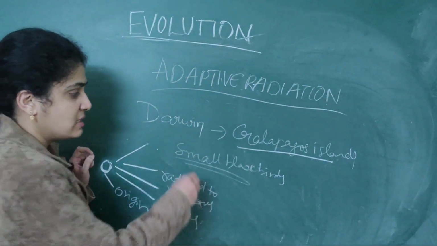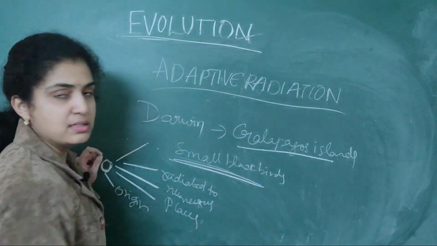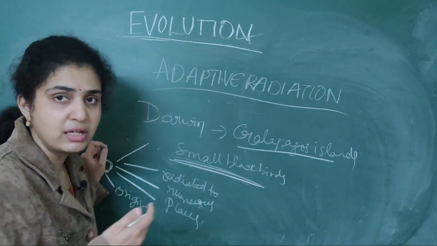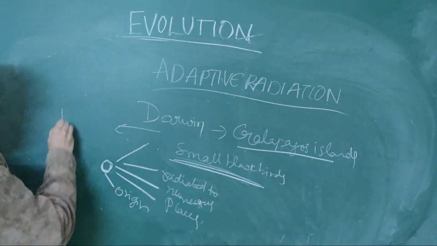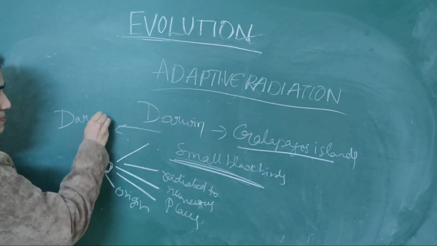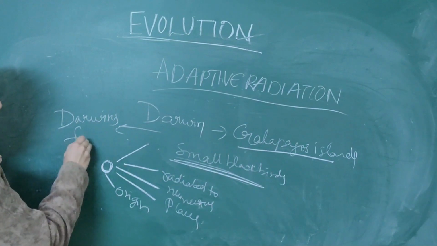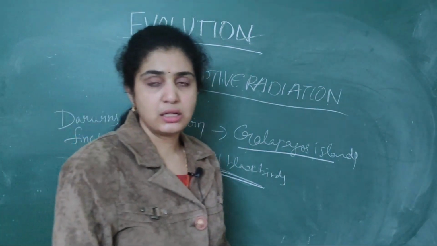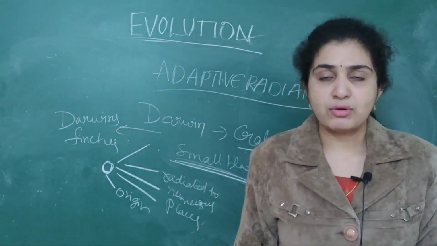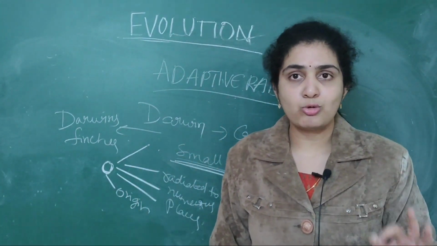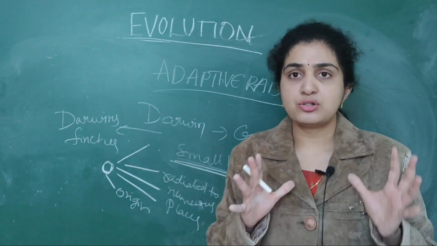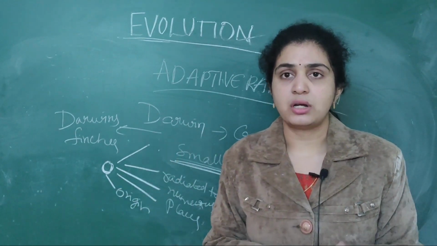Because these small black birds were identified by Darwin, they are also called Darwin's finches. An important NEET question: Darwin's finches of the Galapagos Islands gave rise to which process of evolution?